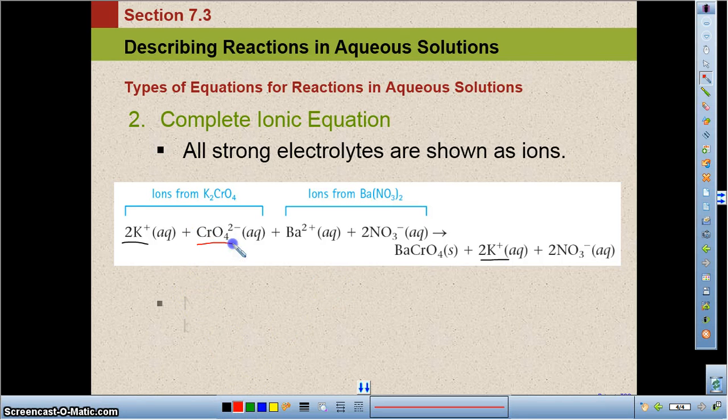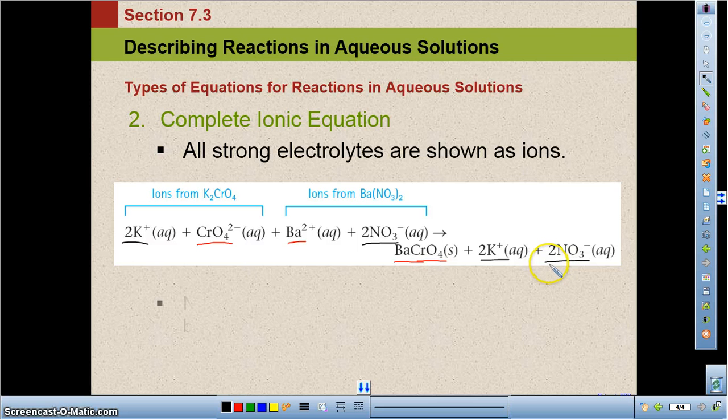Chromate is actually one of the players because it is bound up with barium in this solid. So here's our other player, barium, and it's combined in the product. And then we go back to nitrate and look at nitrate. 2 NO3s here, there's 2 NO3s here. So potassium and nitrate are both of our spectators in this case.